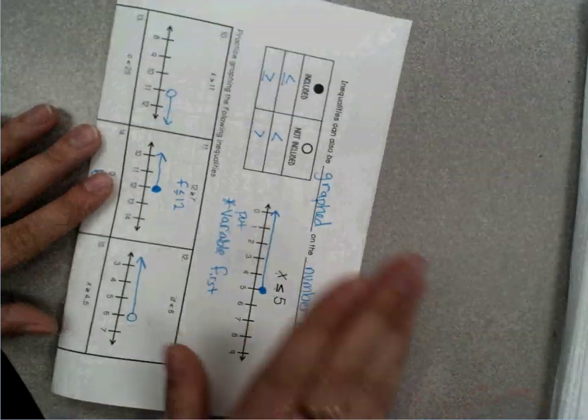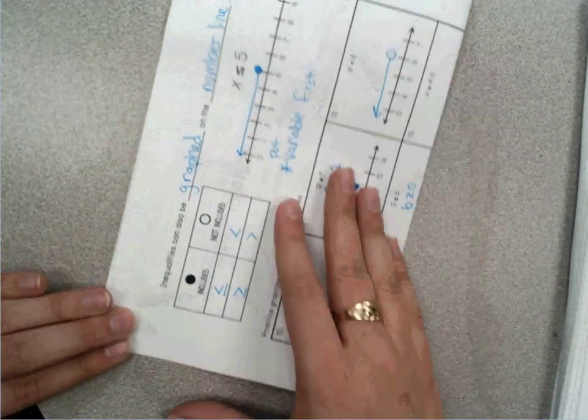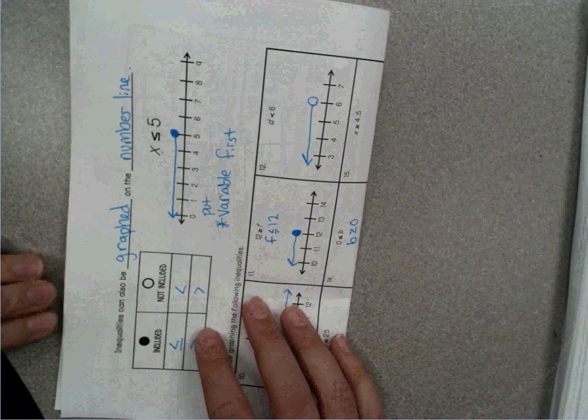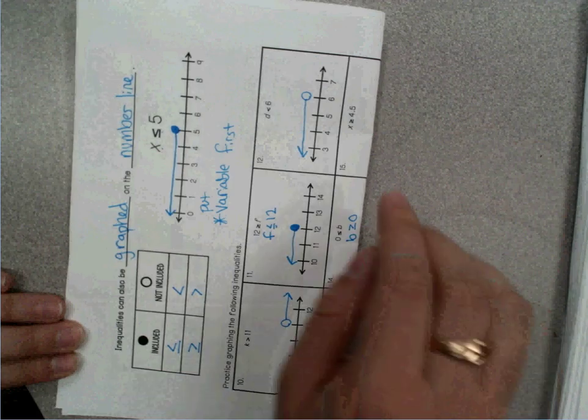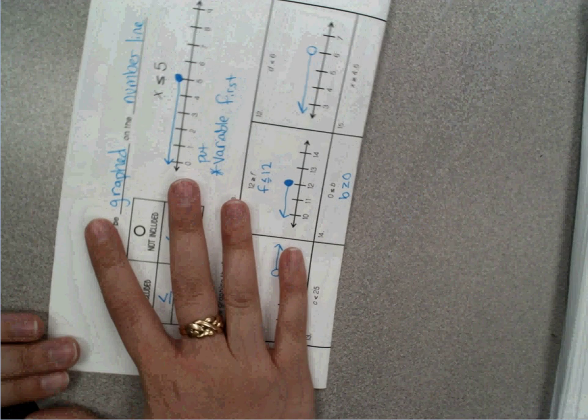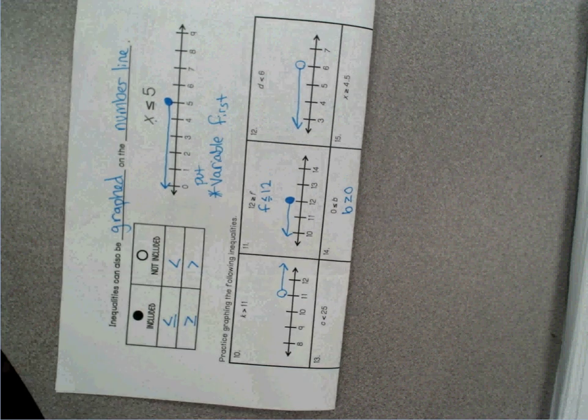So in your notebook, when you have it glued down, it'll look like this. You can open it and see everything we looked at about inequalities, and you still have some examples with the number line. So glue where it says summarize today's lesson, put that in your table of contents.